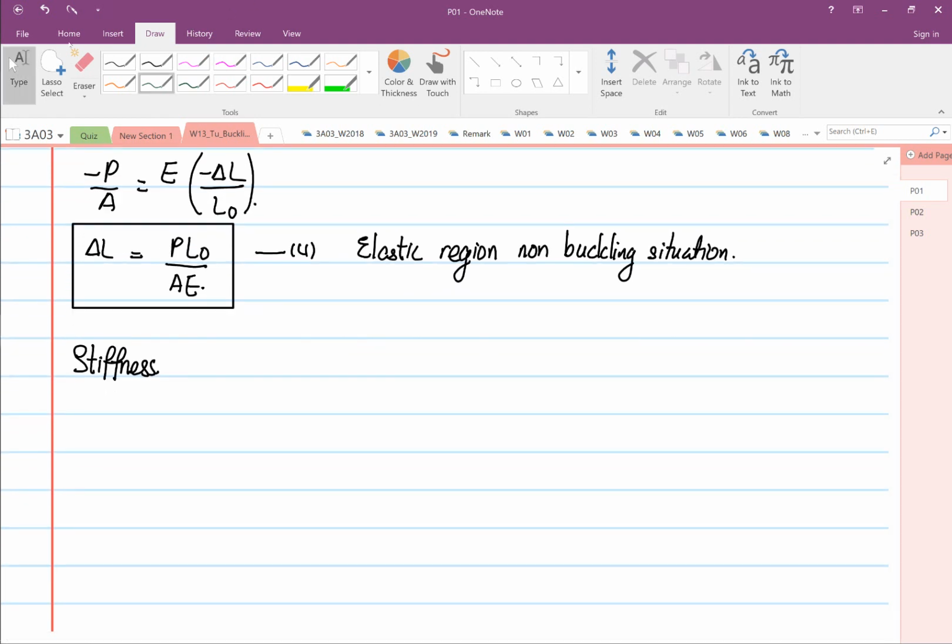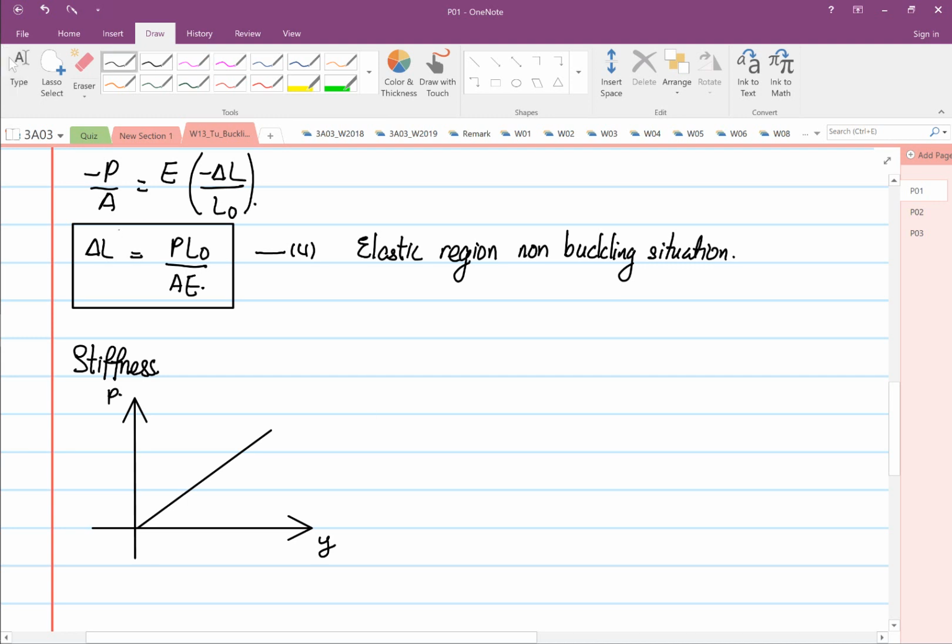If we draw our axes, we have y and we have P. The higher you want to deflect the structure, the higher load you want, and this gradient is your K. We know that this is in meters and this is in Newtons. So small k is defined as the stiffness, which is in Newton per meter.